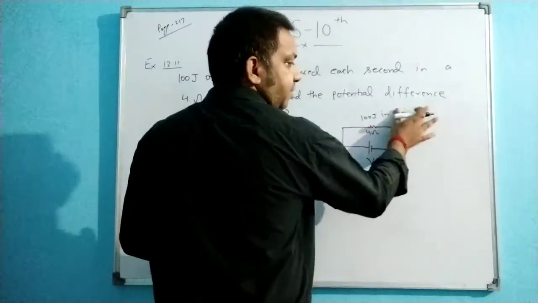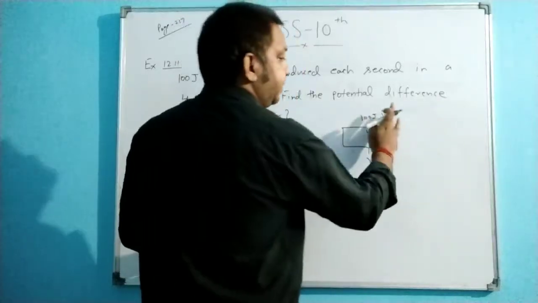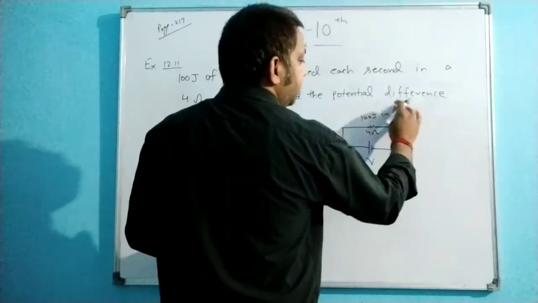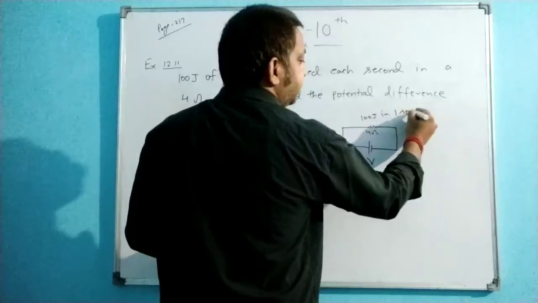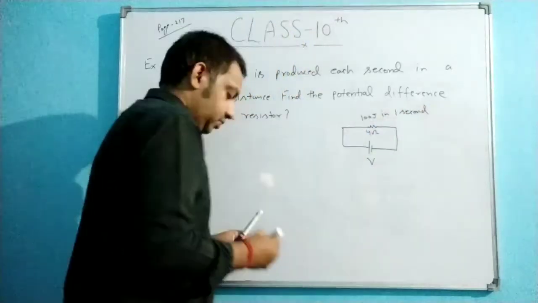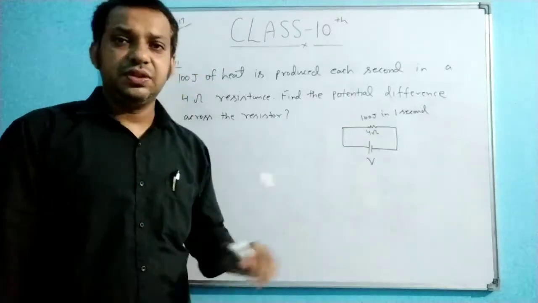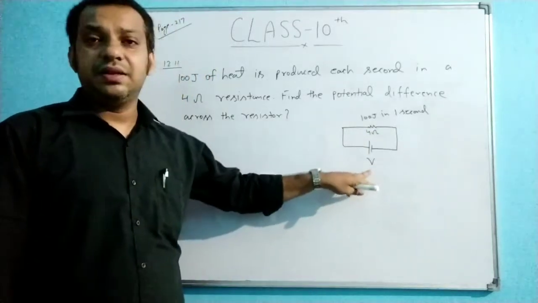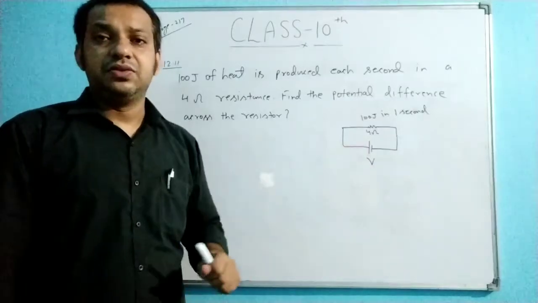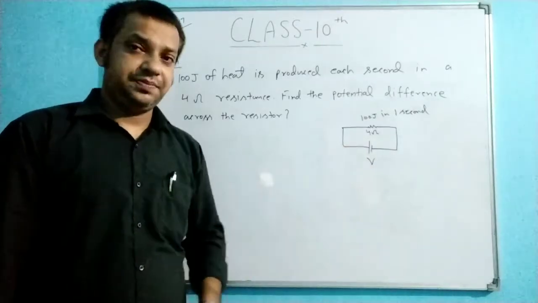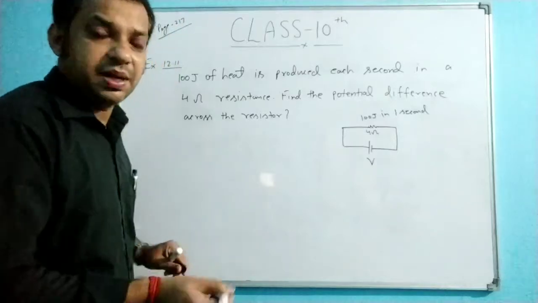In 1 second, just write down in the simple form, in 1 second. Clear? So in 1 second, the heat liberated is 100 joule. So this is your simple question. What is the supply? The applied voltage is missing, so you have to find the applied voltage. So here just note down the given parameters.